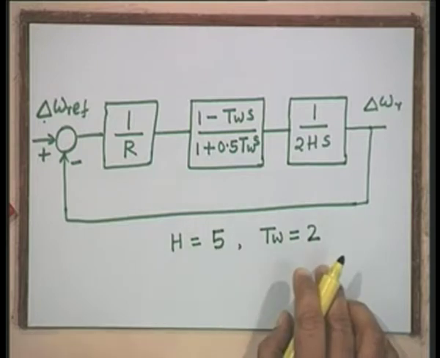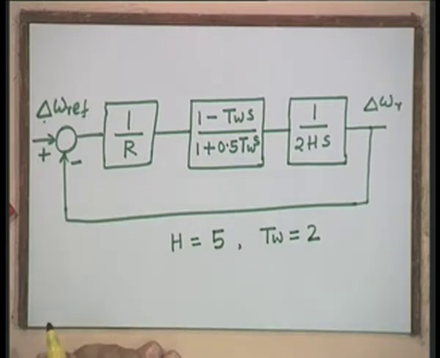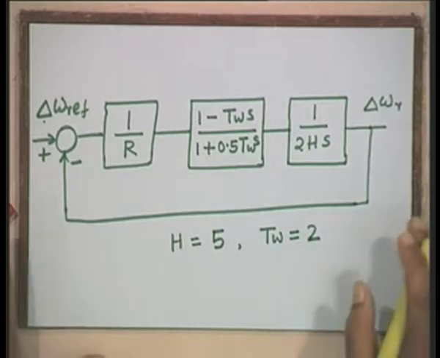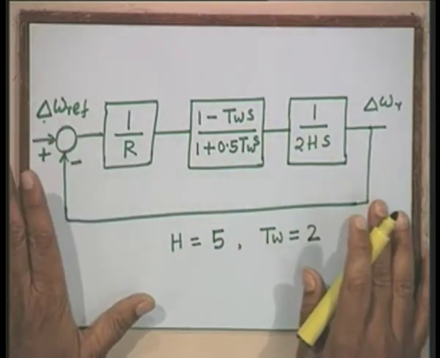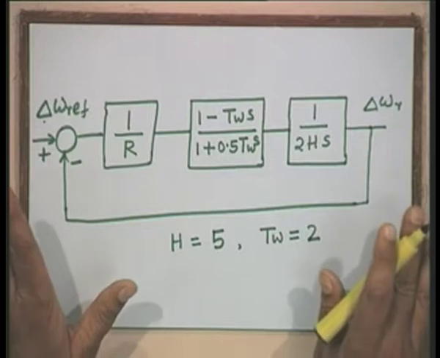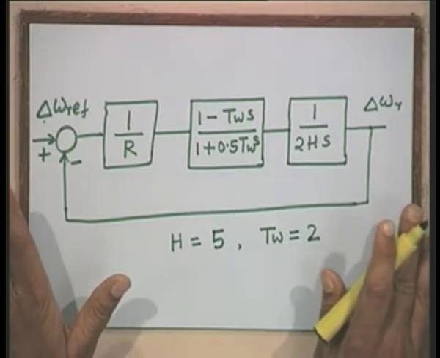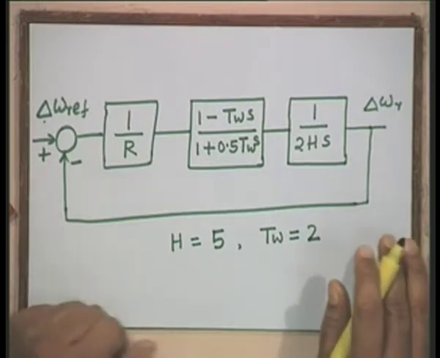Now, with these parameters, we shall find out what the requirements on the speed regulation parameter are. Our basic requirement is that, as a closed loop system, it should have a high degree of stability. It should have the required stability margin.